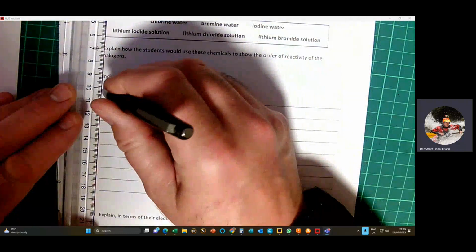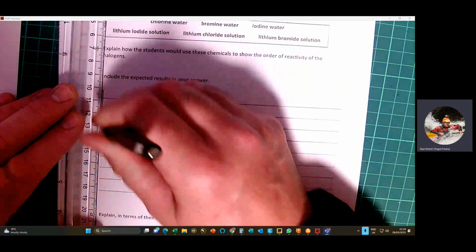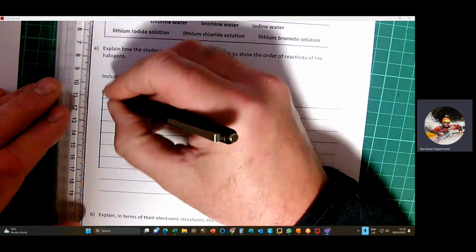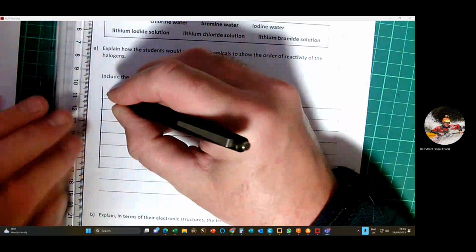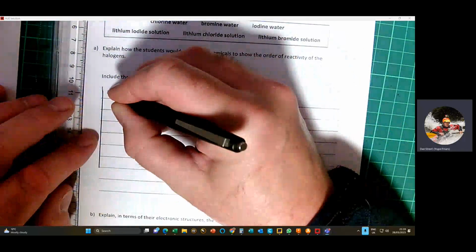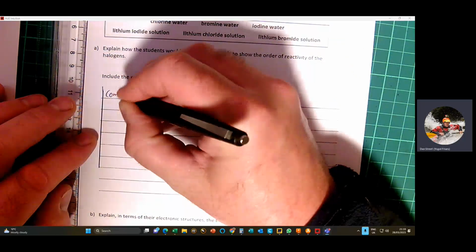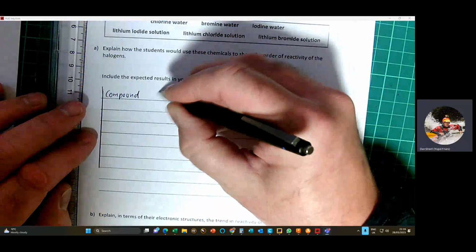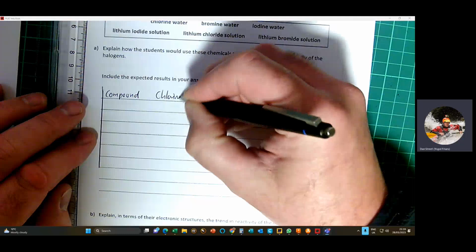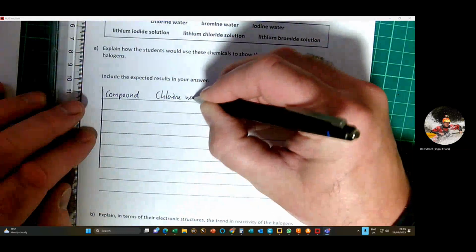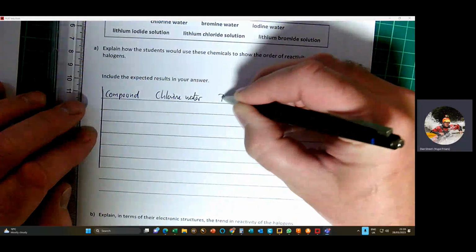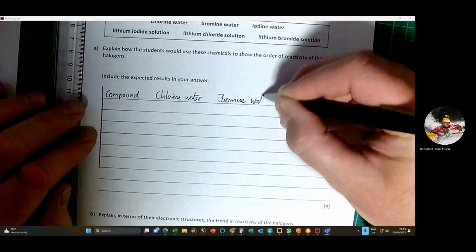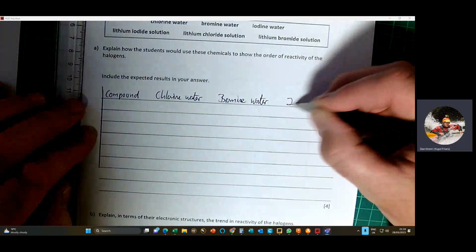Okay, so if we turn this into a small table, across the top we're going to label the compounds. These are going to react with chlorine water, bromine water, and iodine water.